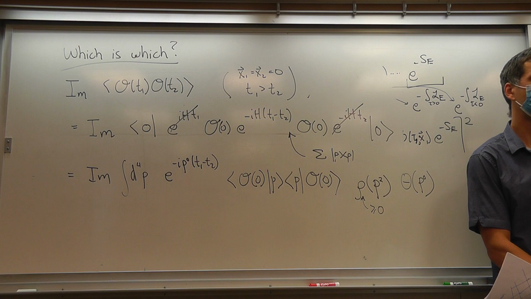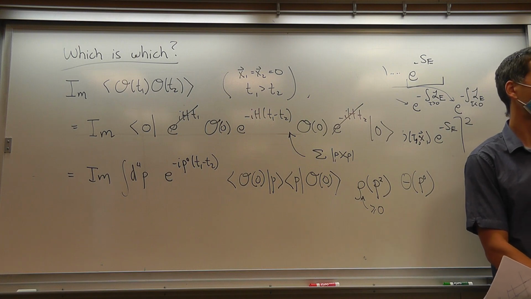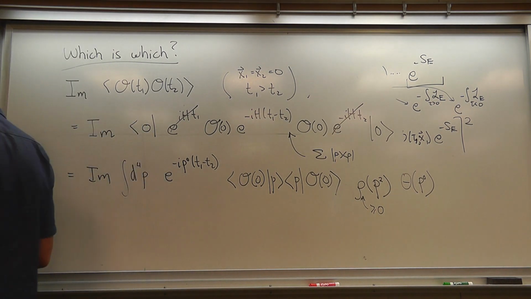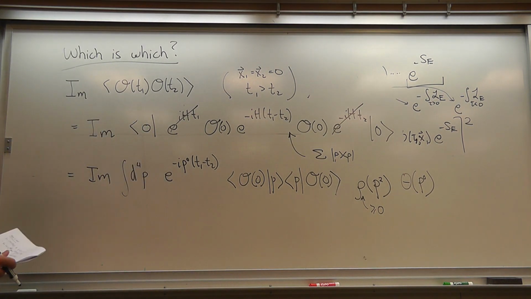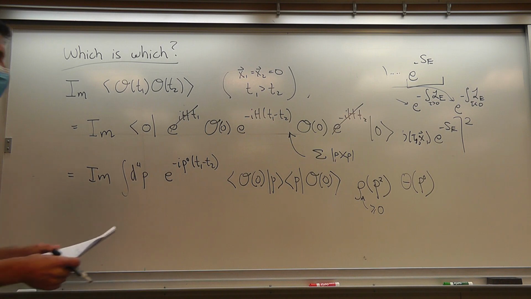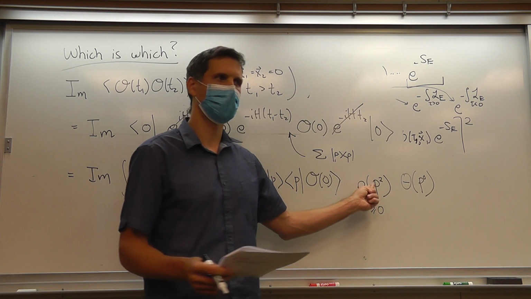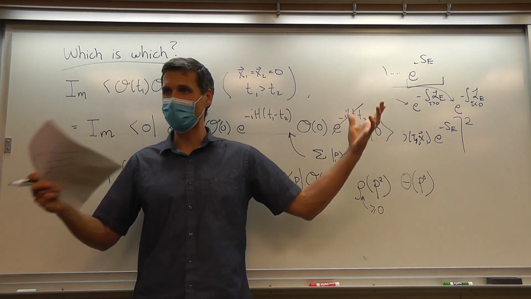Is there a question? How did you get rho and the theta function from the previous line? Well, I didn't really do anything. I just gave it a name. There's got to be some measure.